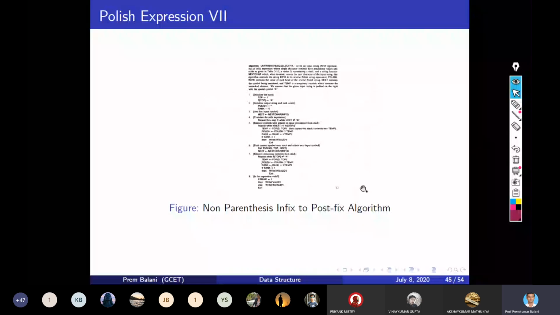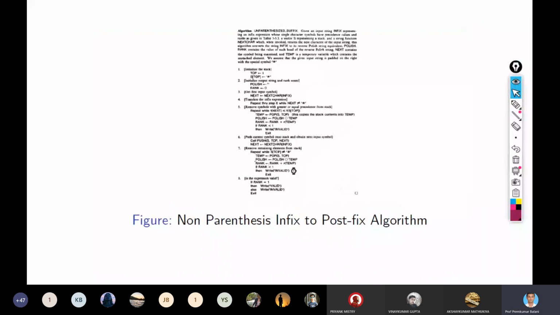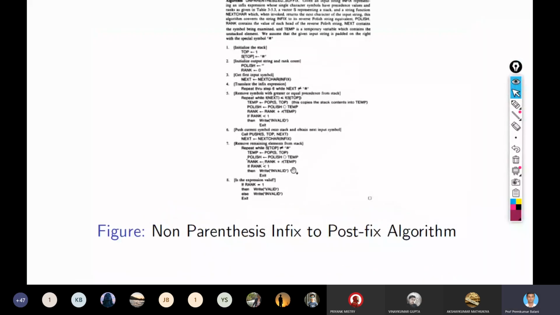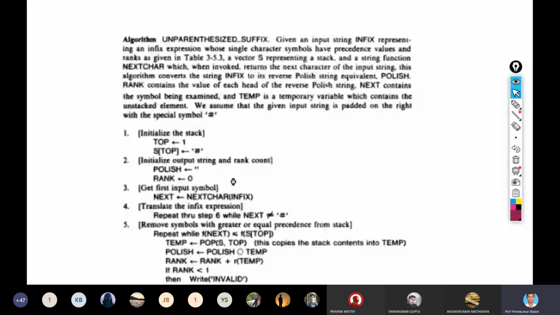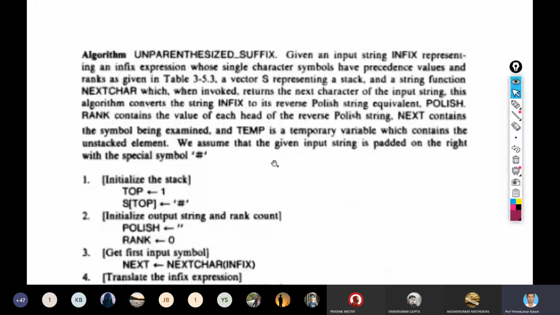So this is the algorithm for converting unparenthesized infix notation to postfix, like a plus b plus c into d, like this.